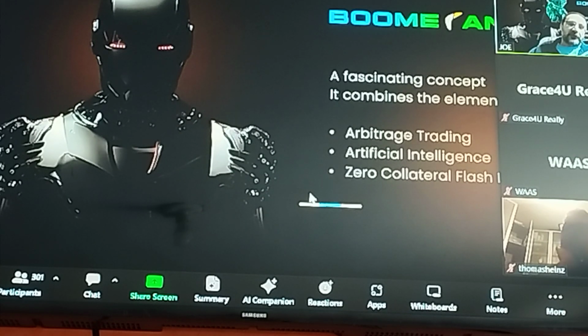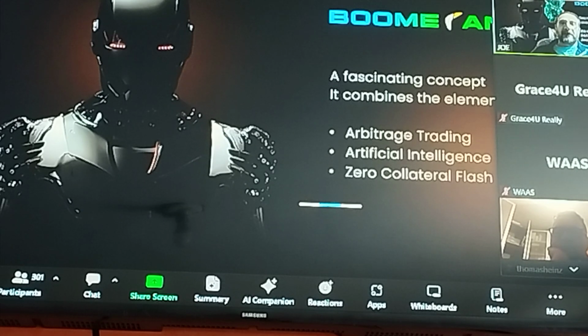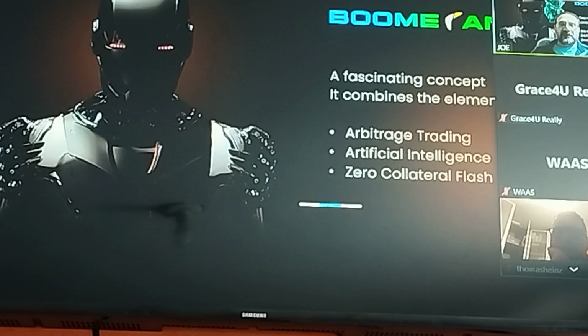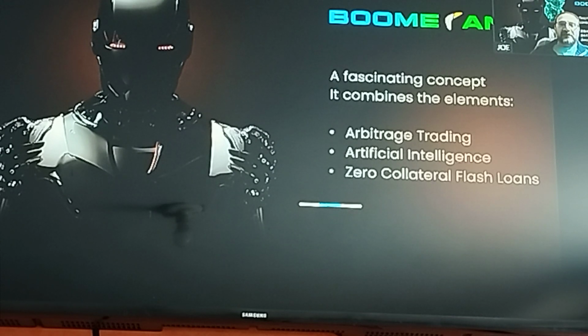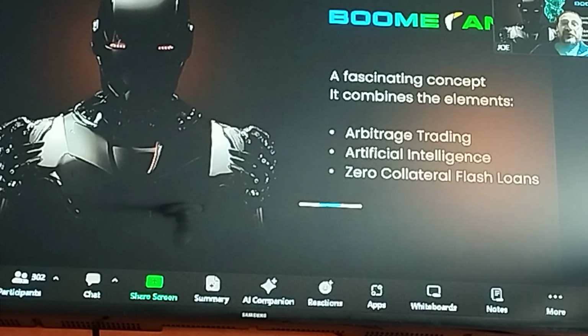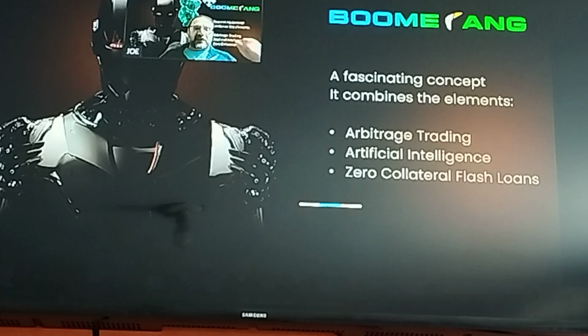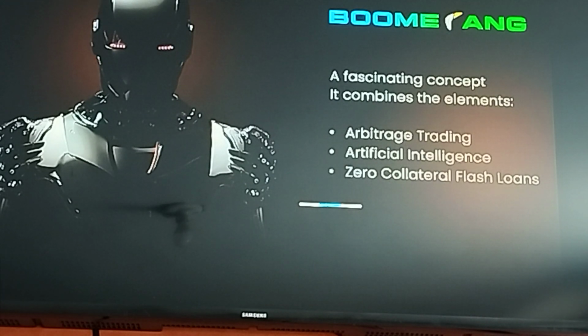But, of course, we are here to talk about and present to you the Boomerang platform. Now, the Boomerang platform is a fascinating concept that combines 3 things: arbitrage trading, artificial intelligence, and zero collateral flash loans.